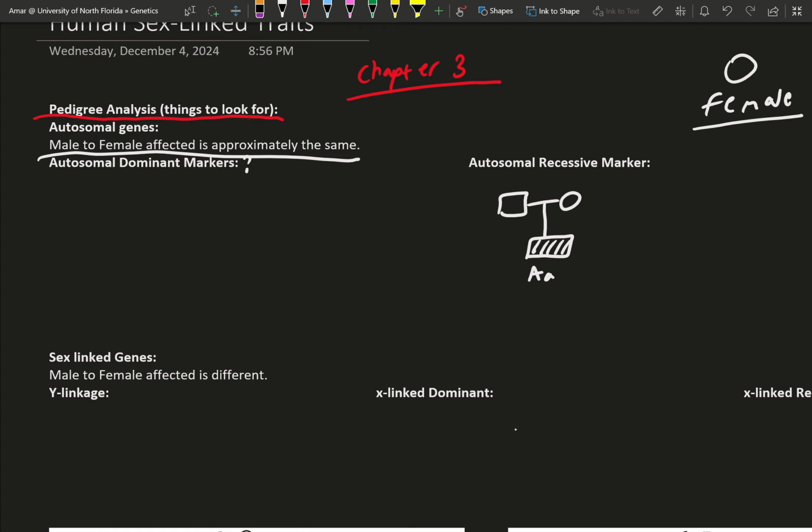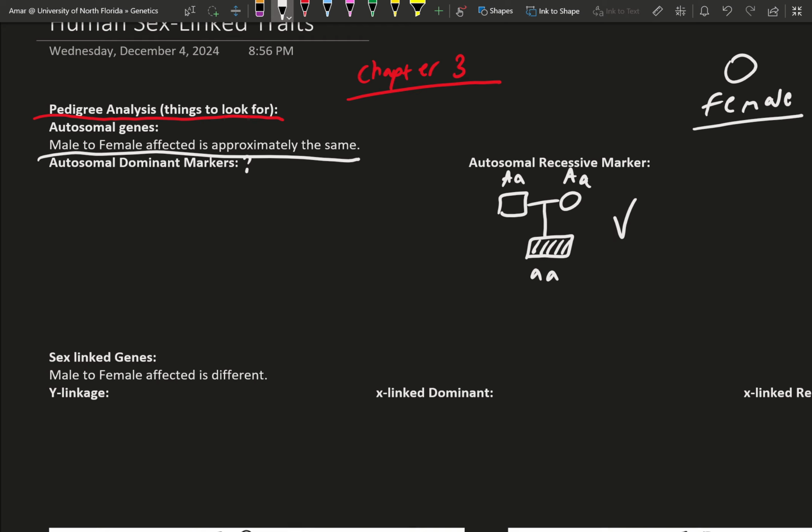However, let's say we're trying to figure out if this is autosomal recessive, and let's say that these two individuals are heterozygous for the gene, so they're giving both of their little a's to this individual. So this is a marker that you want to look for to determine if a trait is autosomal recessive.